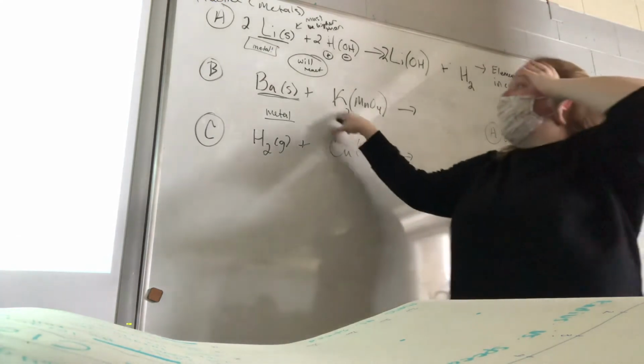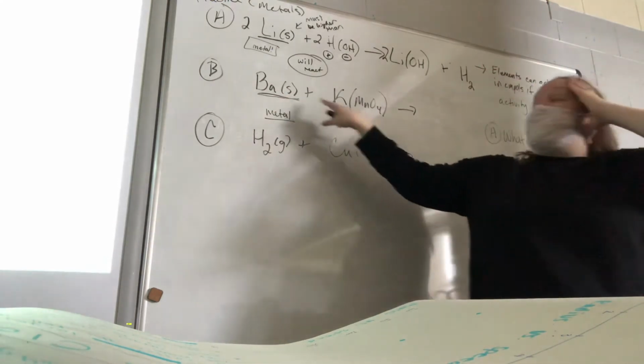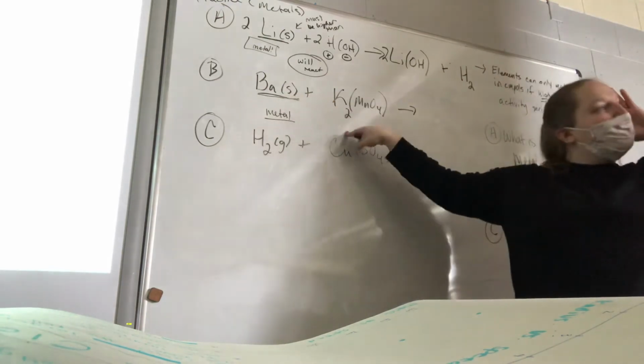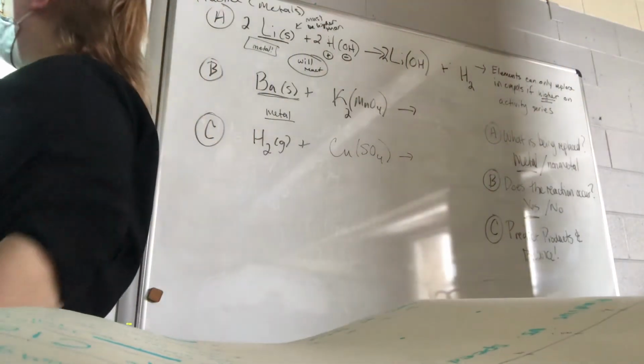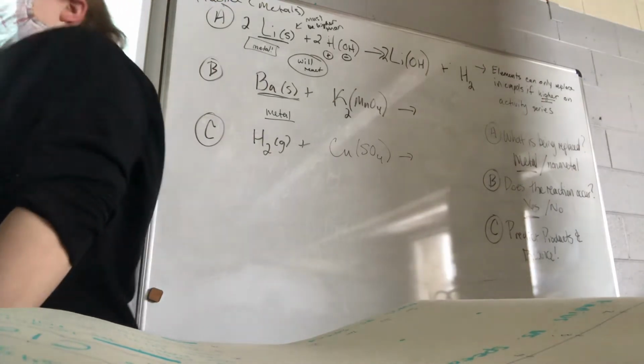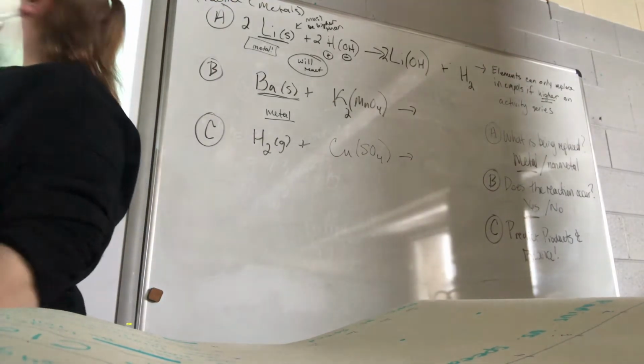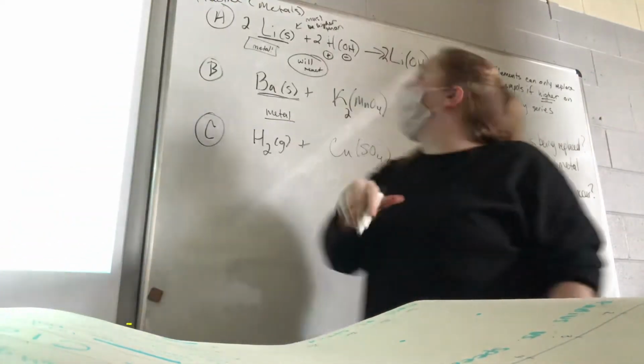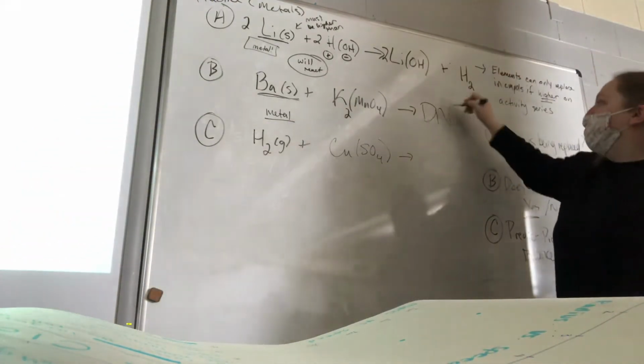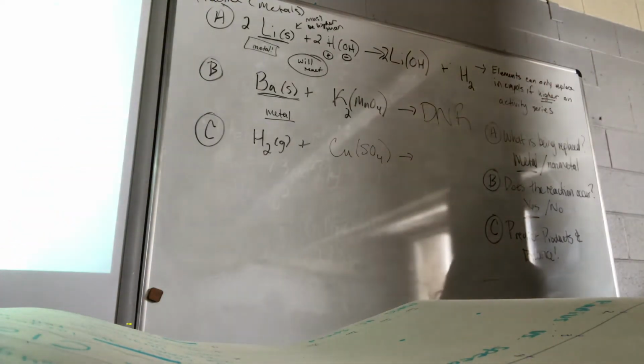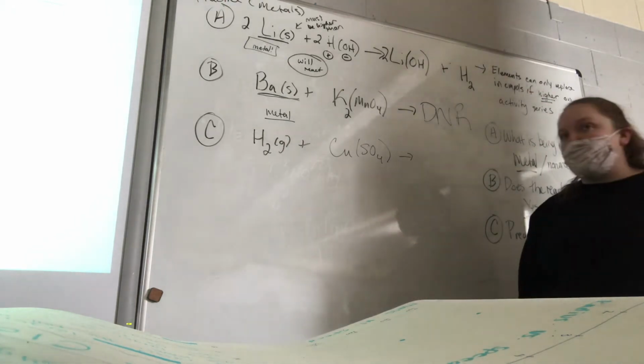So, we want to locate barium and potassium. Barium must be higher than potassium for this reaction to work. So we look at our table of metals. Barium is here, potassium's above it. So does this reaction happen? And you're done. You do not predict products, you do not balance. You just write no reaction.